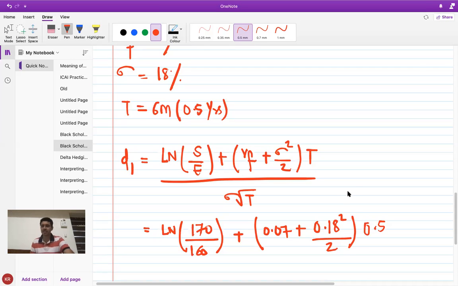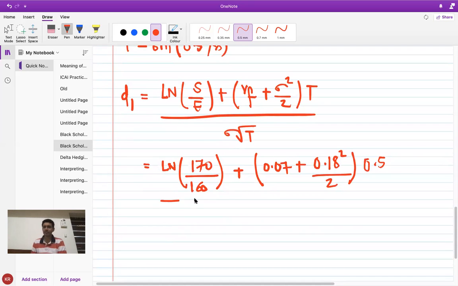It should be in years. The whole divided by standard deviation, which is 0.18, square root of 0.5 again.